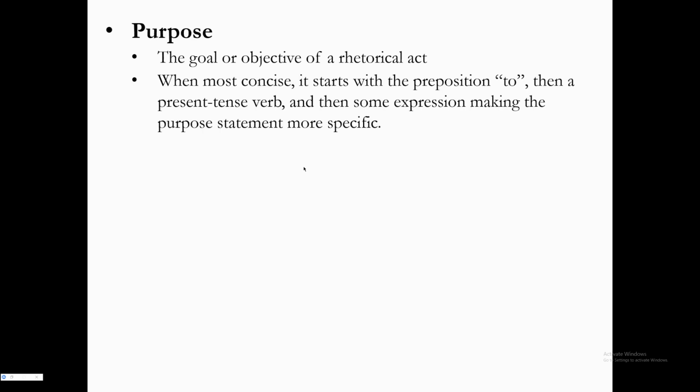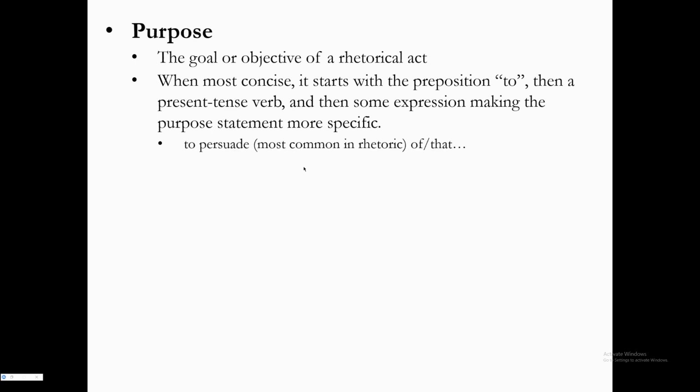And rhetorical purpose. This might be the single most important one of all. The purpose is the goal or objective of a rhetorical act. Typically, when we express purpose, it starts with the preposition to, and then a present tense verb, and then some expression making the purpose statement more specific.